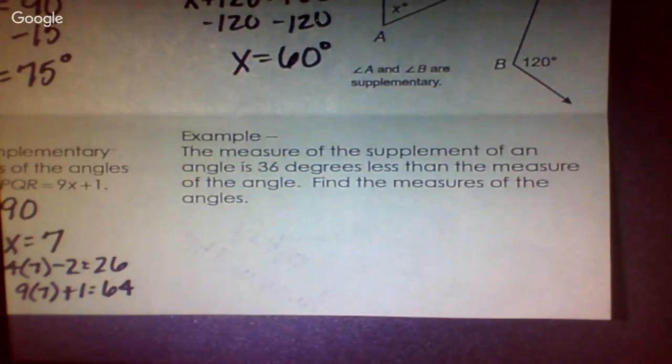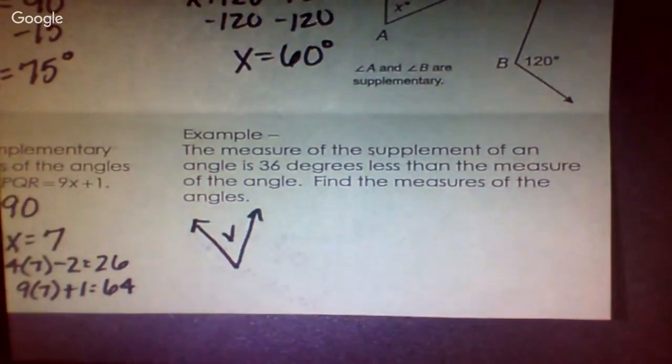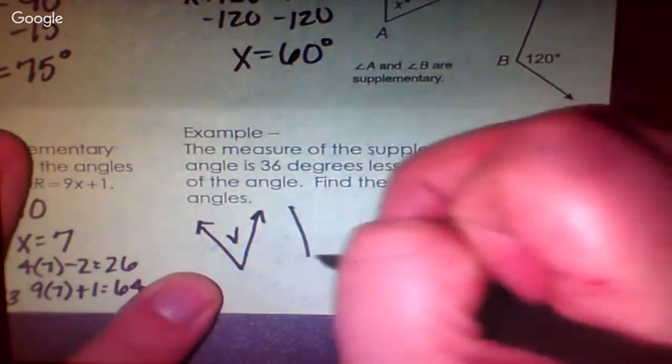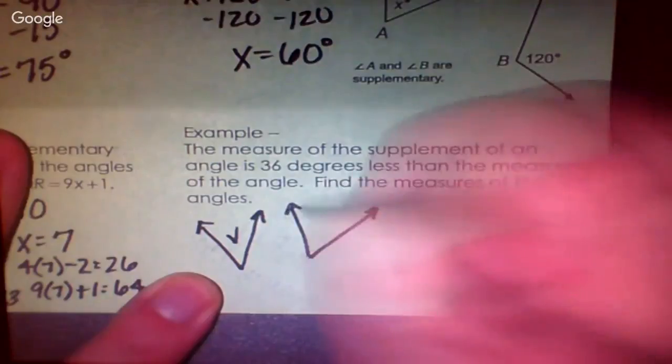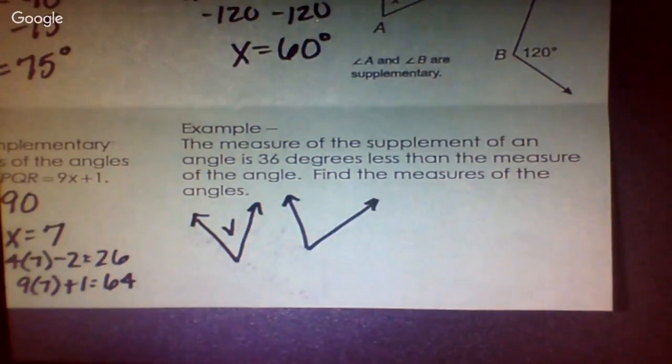So give me a variable for the angle. Any variable you want. V. V. Okay. So we've got some angle, and this angle is V. Then we've got some other angle. It says the measure of the supplement of an angle is 36 degrees less.